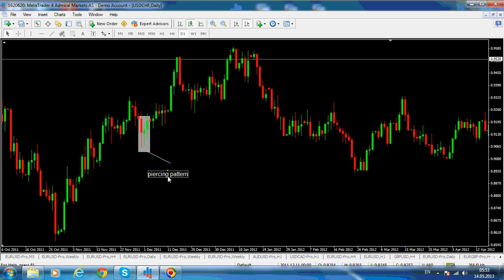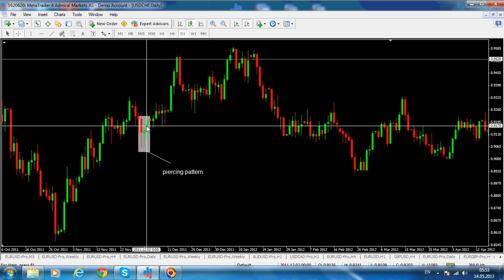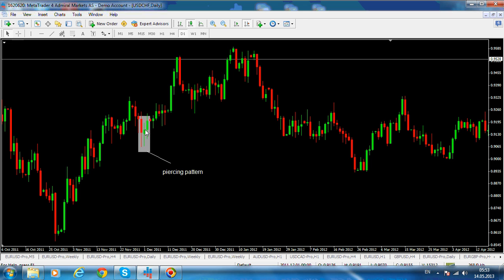But as you can see, the second candle pierces the real body of the previous candle, but not going to the 50% retracement. This is the 50% retracement. In such a case, while this is still a piercing pattern, it might be advisable for you to wait for the close of the next candle, and this is the close of the next candle, in order to have confirmation that a possible reversal pattern is in place.